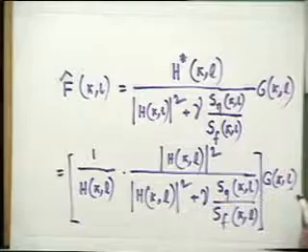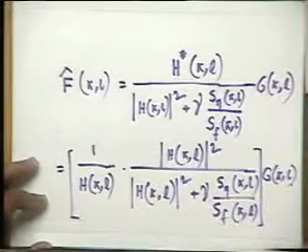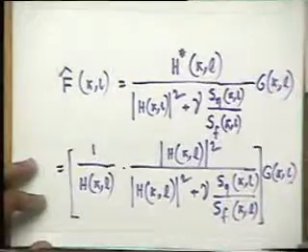And both K and L will vary from 0 to n minus 1, since we have assumed an image with m equal to n.